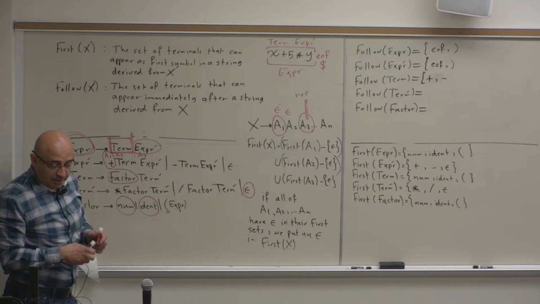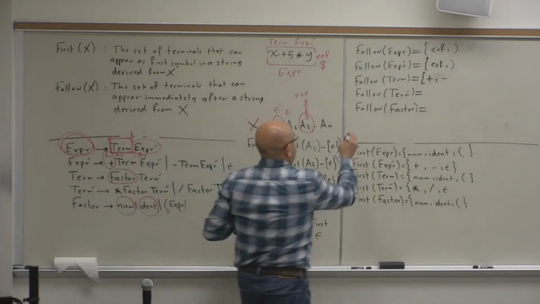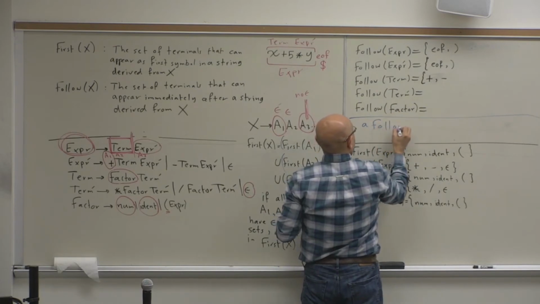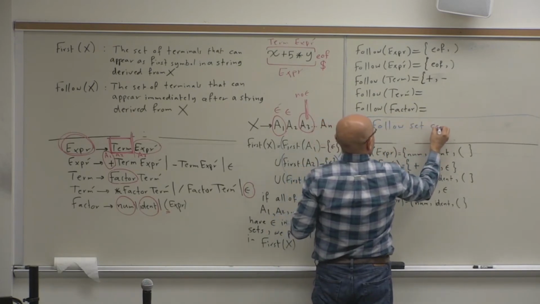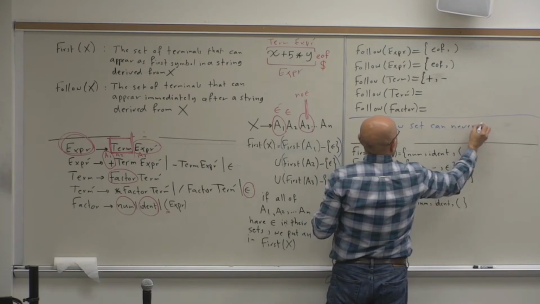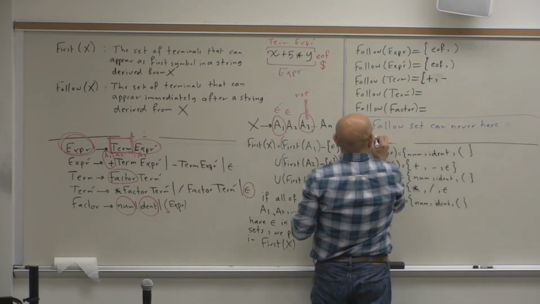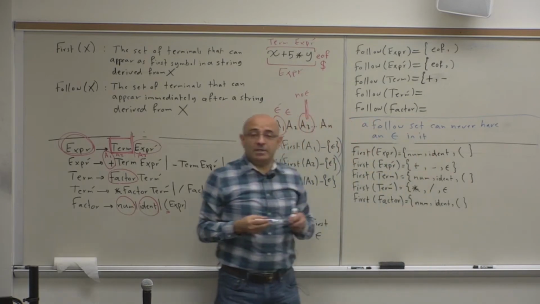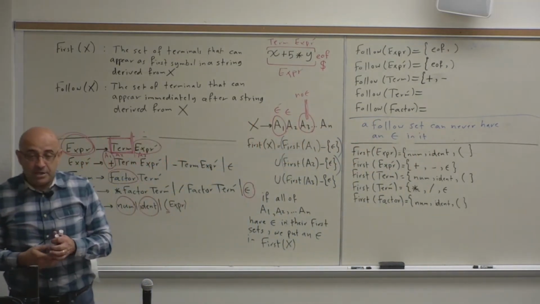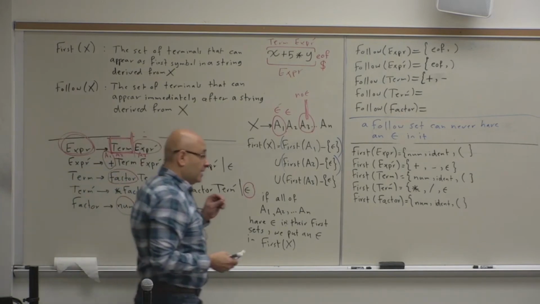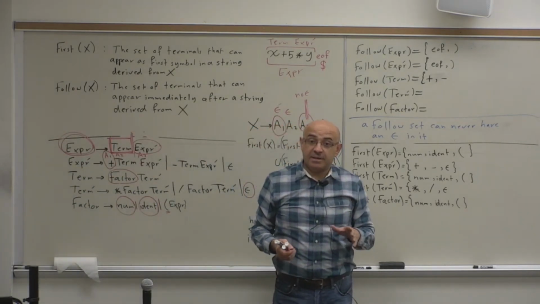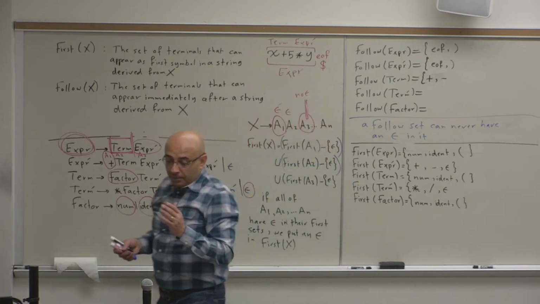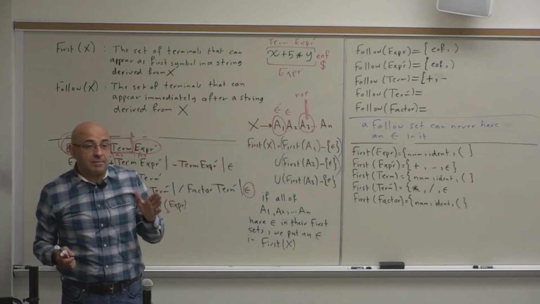So let me write it down. A follow set can never have an epsilon in it. And why is that? The follow set means the set of terminals that can follow a string derived from a given variable.